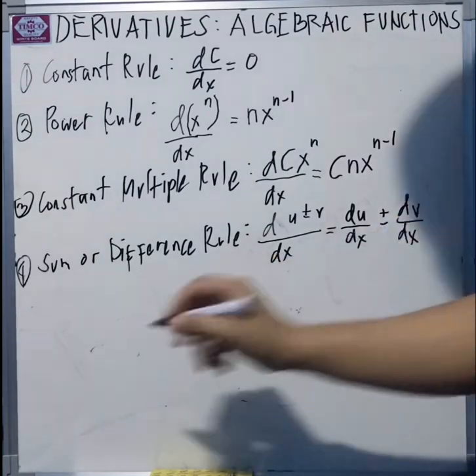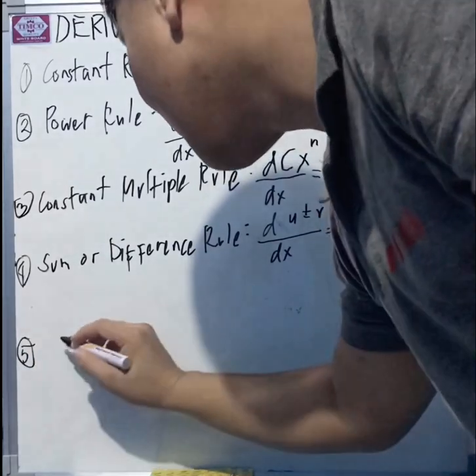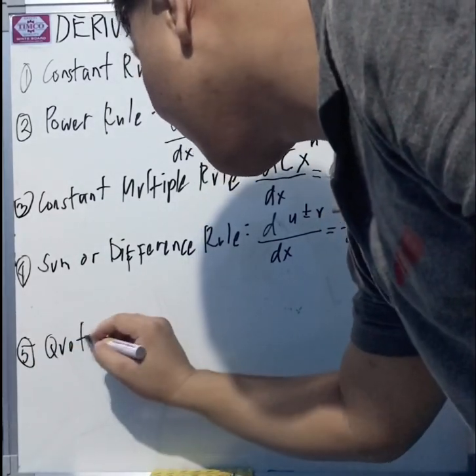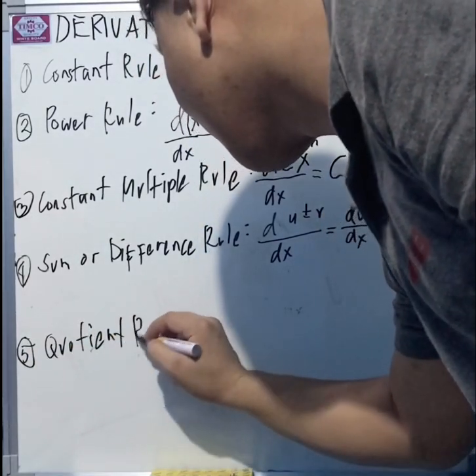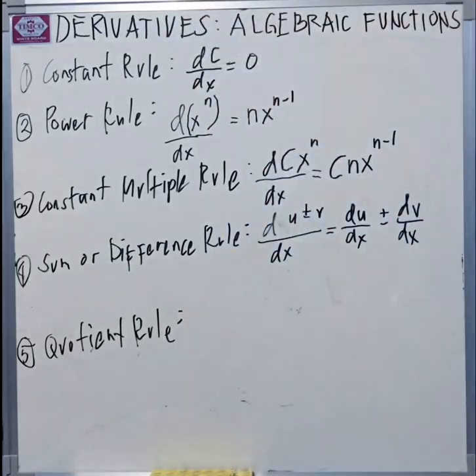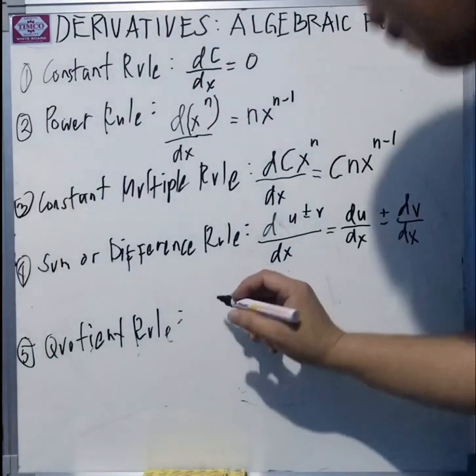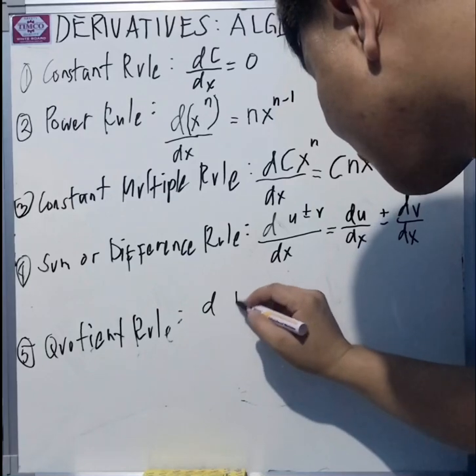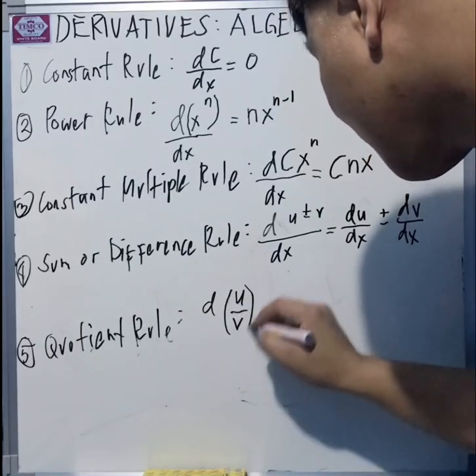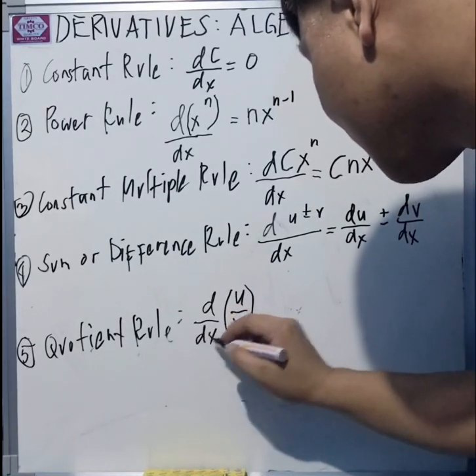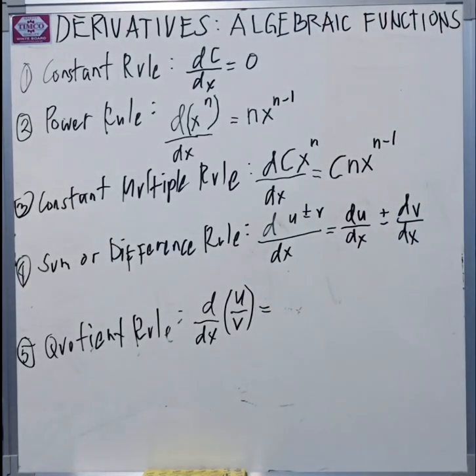Another rule is the quotient rule. If we have the derivative of u over v with respect to dx, we have a special formula for that.